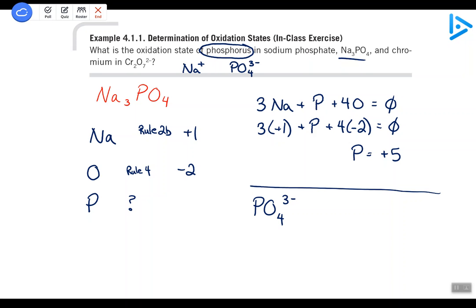I could solve for the oxidation number of phosphorus by solving this polyatomic anion. That would be phosphorus plus 4 oxygen atoms, and it must sum to -3. Well, 4 times -2 for oxygen gives me -8. Add that to the other side. Hooray, it's the same number, +5.